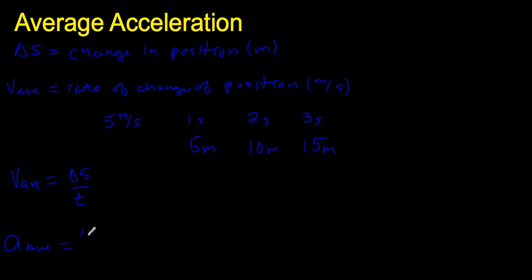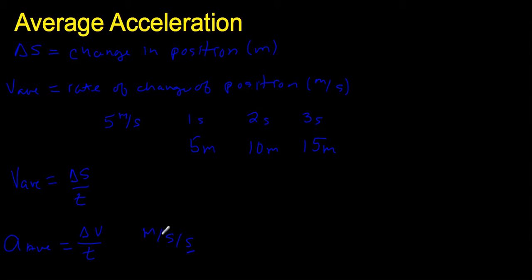We're going to take our delta V, our change in velocity, and divide that by the time. From a unit standpoint, it's going to be in meters per second per second. What does that tell us? That for every second, if you start with this bottom second, our speed will change by so many meters per second.